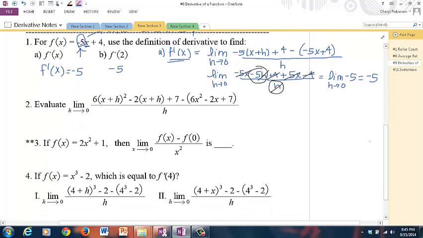Right, moving on, let's look at number 2. We're asked to evaluate, and gracious, this is a mess here. But notice we have 6 times x plus h minus 2 times x plus h plus 7.